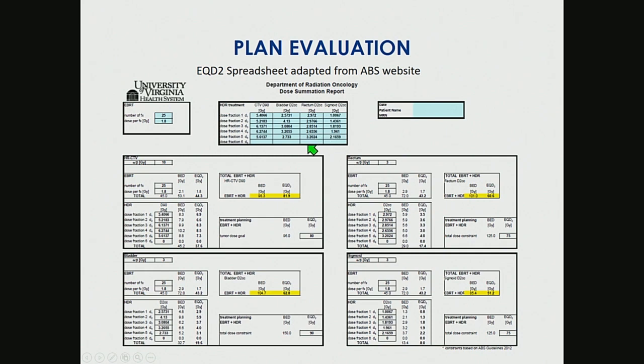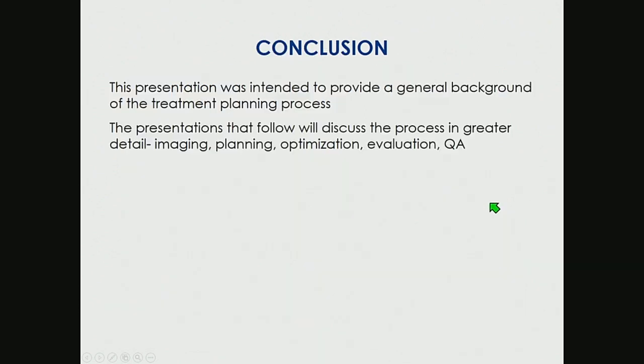We've actually had some good residents and other physicists who've automated this. We have a report that gets printed out and then automatically read into this spreadsheet via a macro. In this way, we're tracking our critical structure doses with each treatment. So we know if we're high for one treatment, we need to cut back for the next treatment. And we just track it to make sure we're within the guidelines.